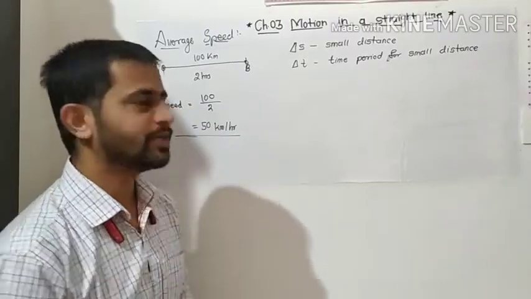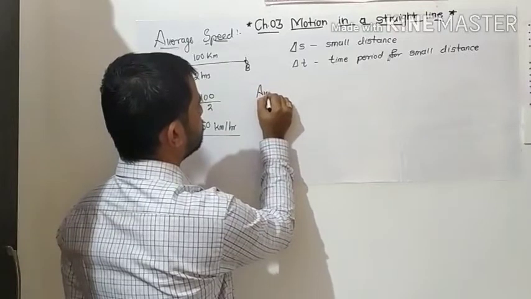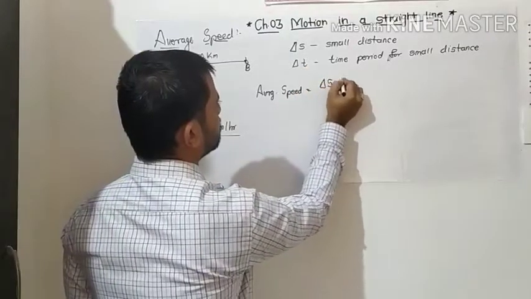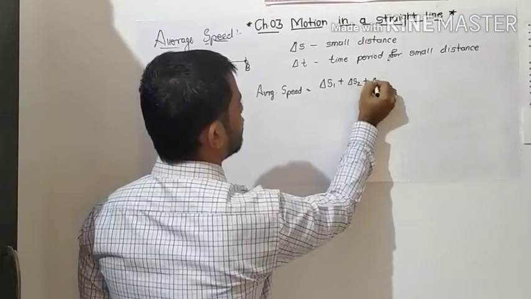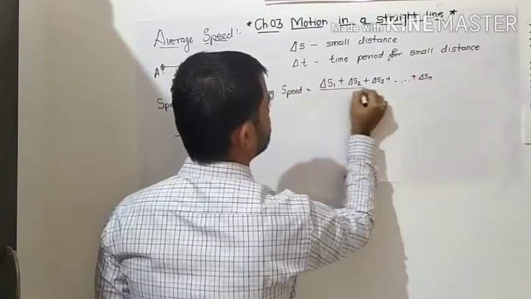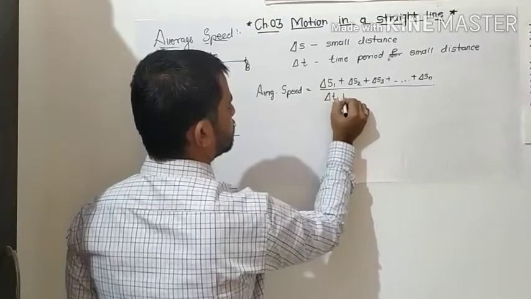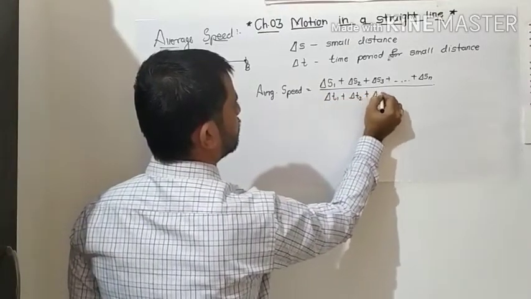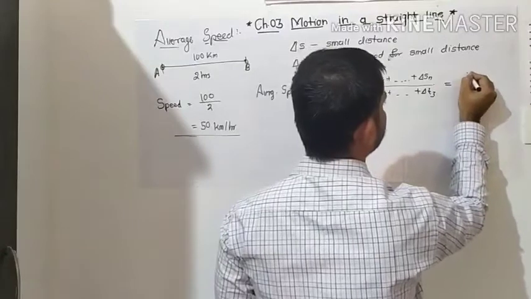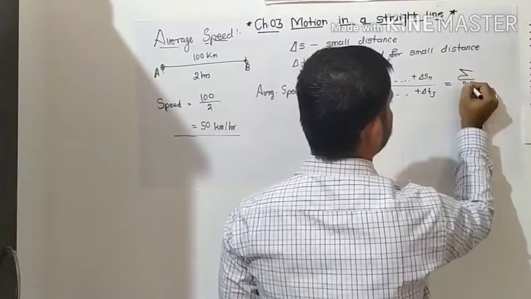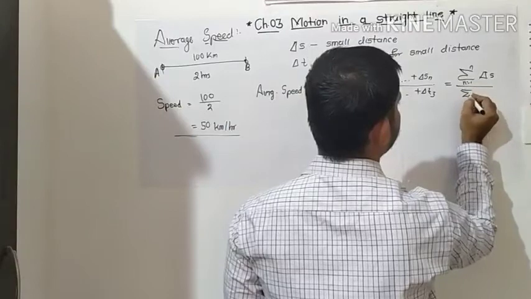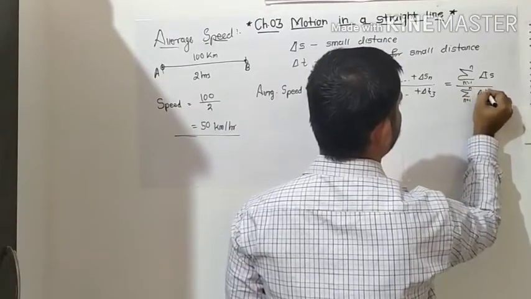So how can we calculate the average speed? Average speed is equal to delta S1 plus delta S2 plus delta S3 plus up to delta Sn, upon delta T1 plus delta T2 plus delta T3 plus up to delta Tn, or we can write it as the summation from n equals 1 to n of delta S upon the summation from n equals 1 to n of delta t.